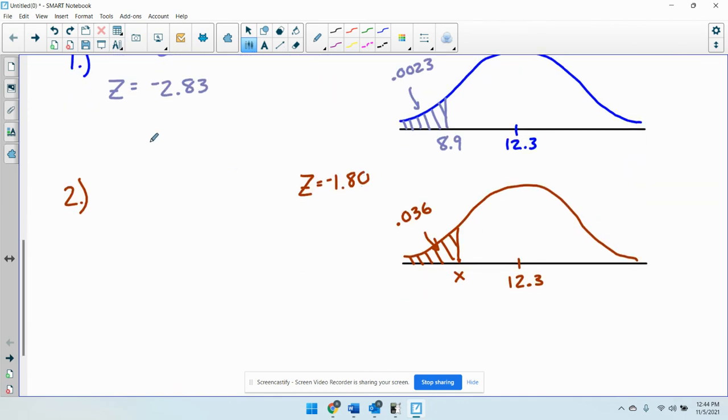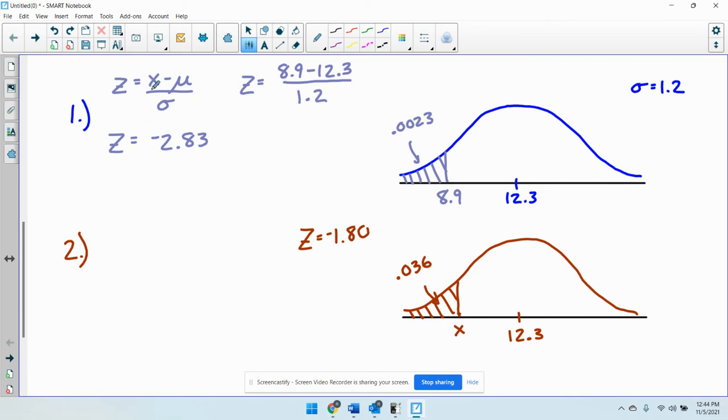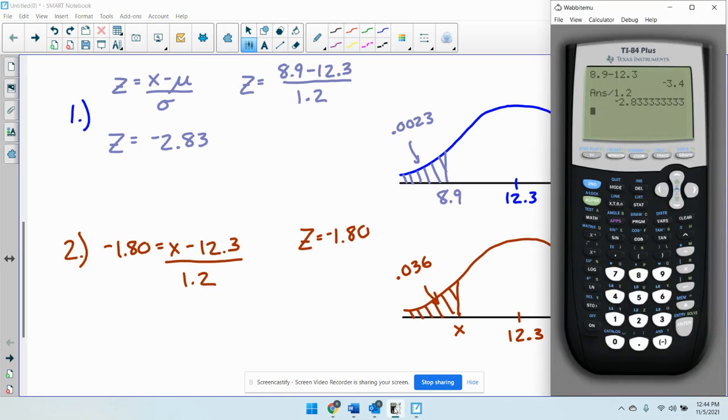Now I'm going to use the same z-score formula to find x. But now I have z. Negative 1.80 equals x minus 12.3 divided by 1.2. So I'm going to solve this for x. I'm going to multiply negative 1.8 times 1.2. And I have negative 2.16 equals x minus 12.3.